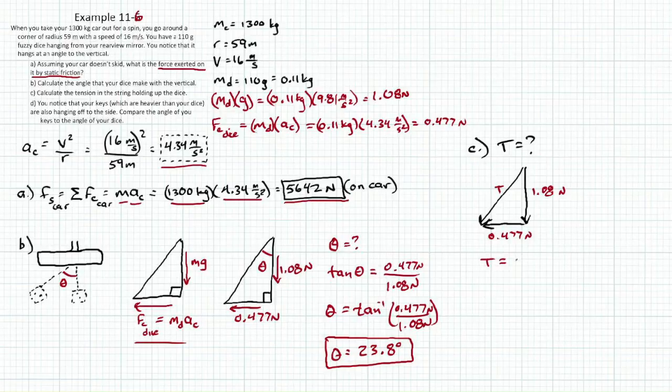T would have to be the square root of 1.08 squared plus 0.477 squared. So our tension should be 1.18 newtons. And that's it. Again, we did all the hard work in part B right there.